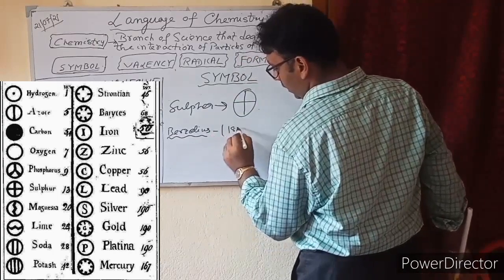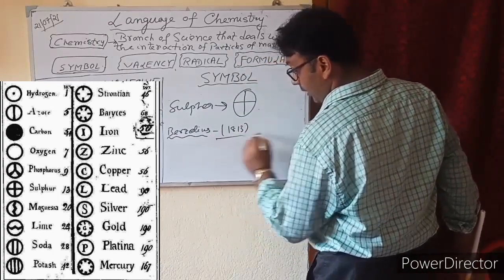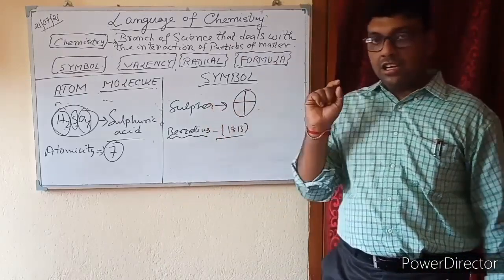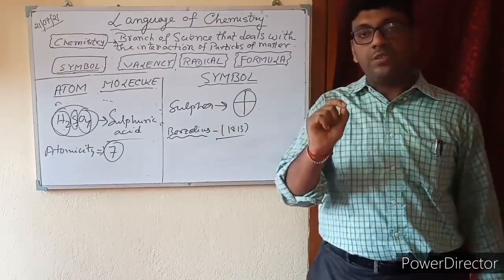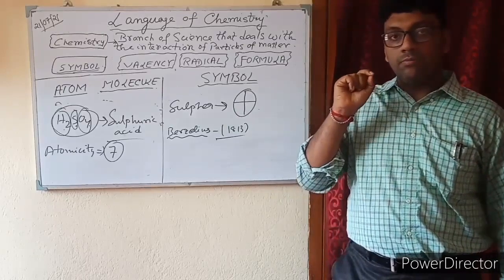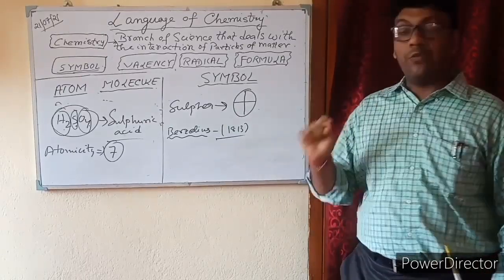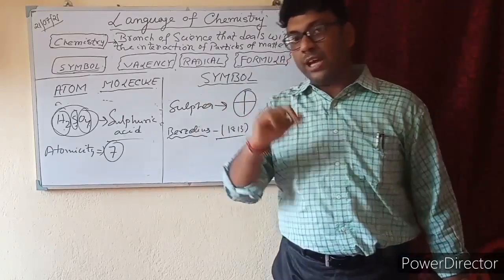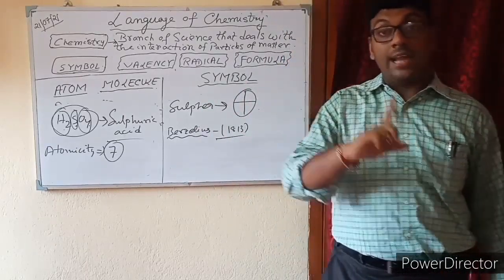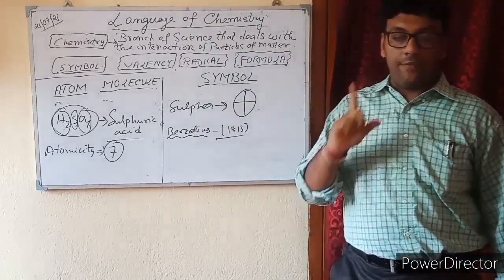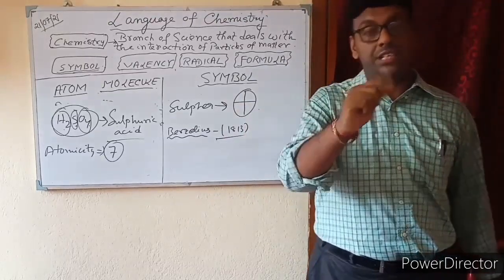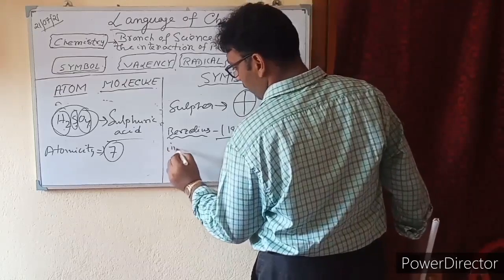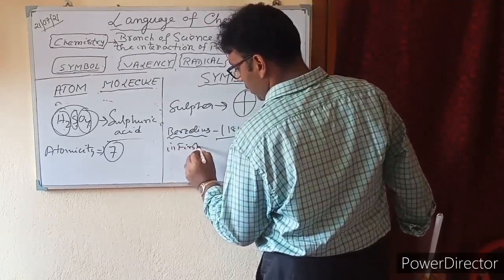But later on the scientist Berzelius, in 1813, replaced this concept and introduced the symbol of the element as the first letter of the element, or the first and second letter, or the first and third letter, and the fourth one is from the Latin name. Number 1, first letter of the element.